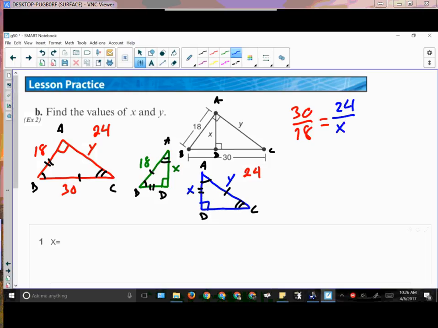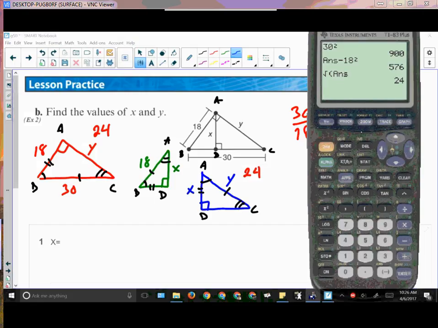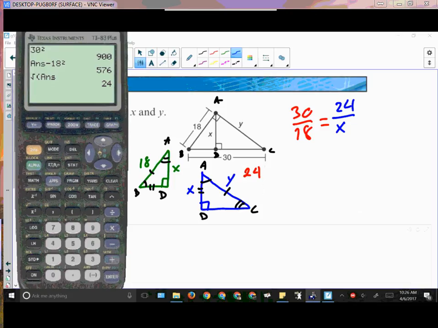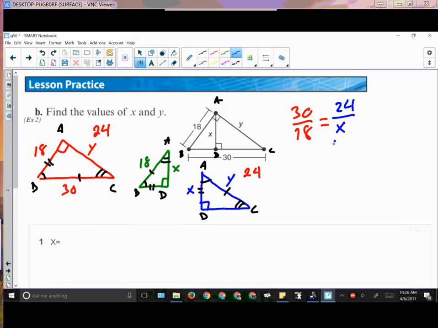But again, you've got to write it all out so that you can see what it's got to be. So we're still looking to see what X is supposed to be. That would be 18 times 24 divided by 30, and we end up with 14.4. So the answer for X is supposed to be 14.4.